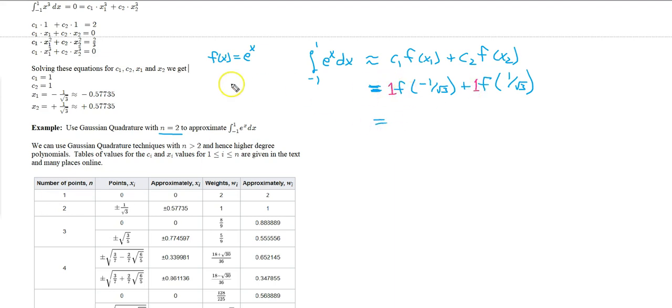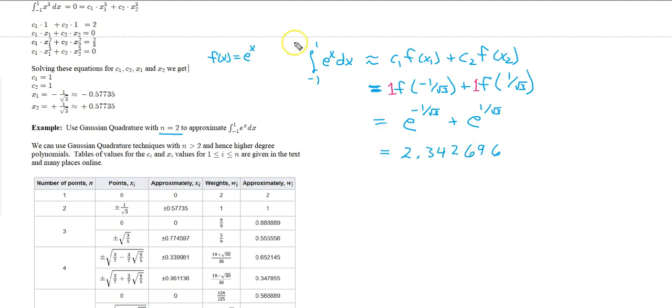And the function f is just e to the x, so we get our answer as being e to the negative 1 over root 3 plus e to the positive 1 over root 3. And when we evaluate that, we get 2.342696. So that's what we get for our approximation.